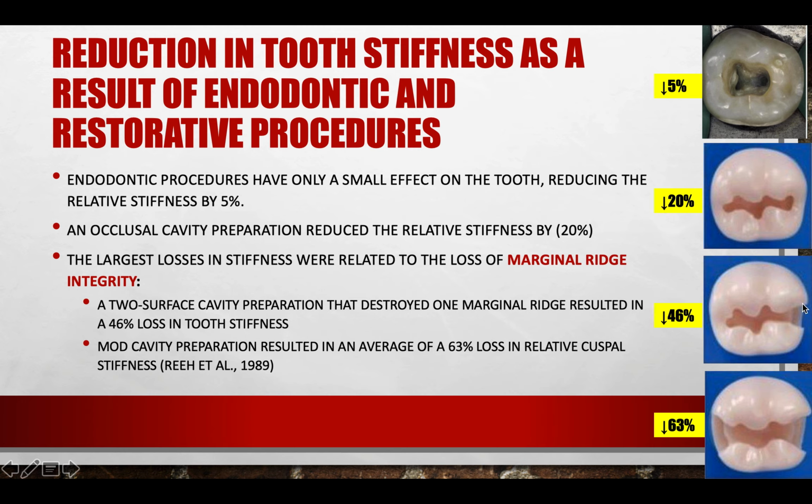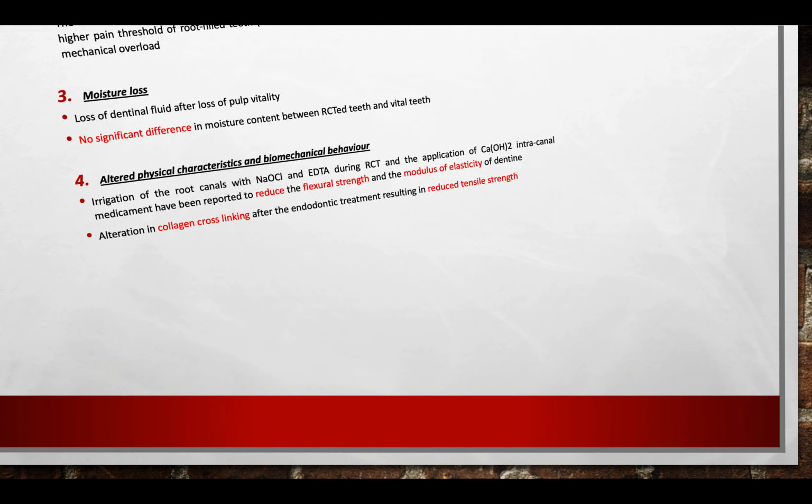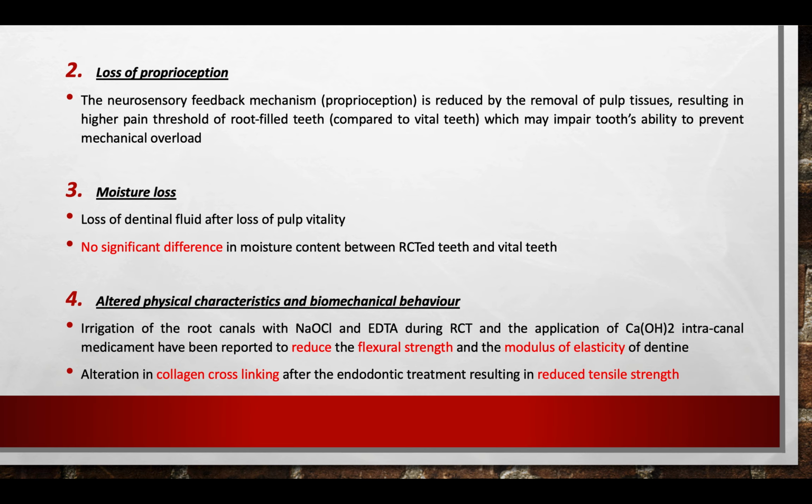If the tooth lost one marginal ridge, then the stiffness of the tooth will be reduced by 46%. And what reduces the stiffness of the tooth the most is when it loses both marginal ridges. So marginal ridges are very important for the integrity of the tooth, and therefore you should preserve the marginal ridges unless they are involved in caries.